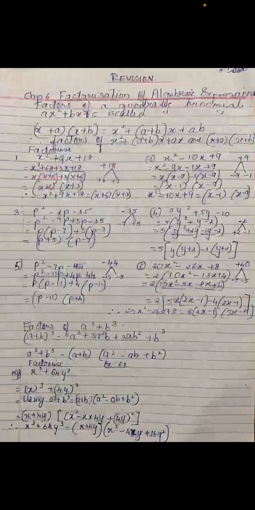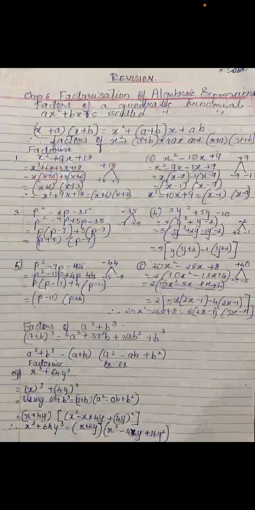Now, the third example is p square minus 2p minus 35. Here again the last term is 35 and the coefficient of the first term is 1. So, minus 35, you have to find the factors such that you get minus 2 in the middle term. So, here minus 7 into plus 5. 7 5s are 35, but you have to take minus 7 and plus 5.